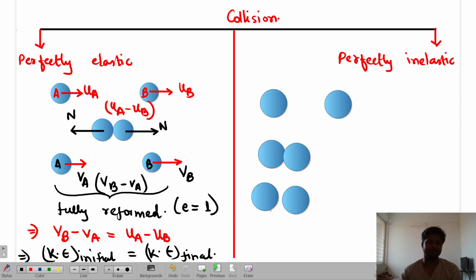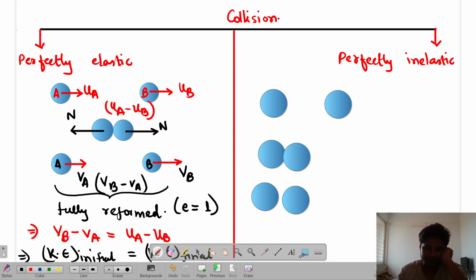So in perfectly elastic collision, all the bodies get fully recovered. e is exactly equal to 1, and this implies impulse of reformation is exactly equal to impulse of deformation, and that makes the kinetic energy initial equal to kinetic energy final. Are you able to get me or not?